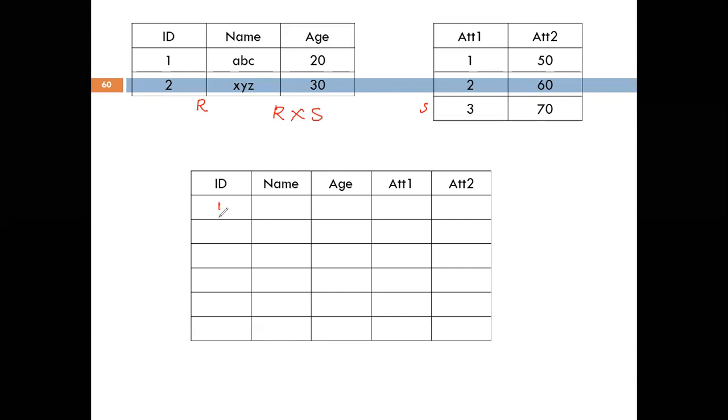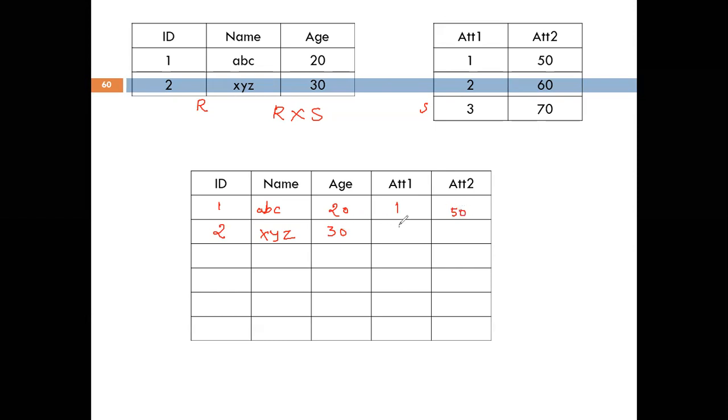So the first row of R is 1, ABC, age 20, and the second row of R is 2, XYZ, age 30. The first row of R will be combined with the first row of the second table, that is S, with attribute 1 having 50.